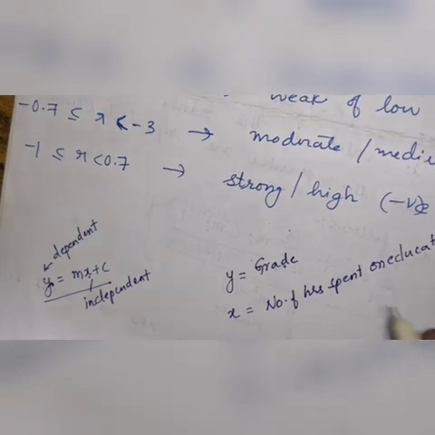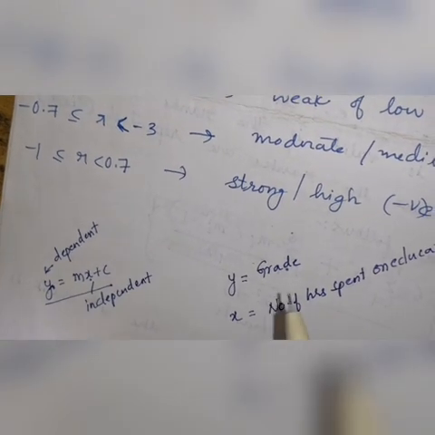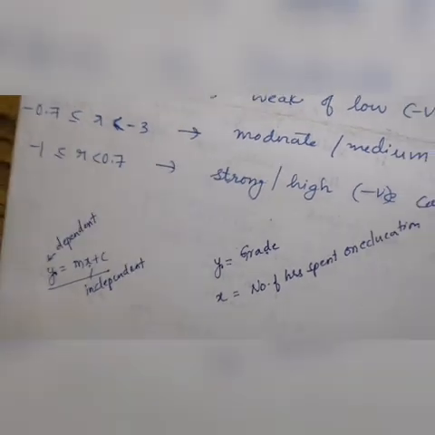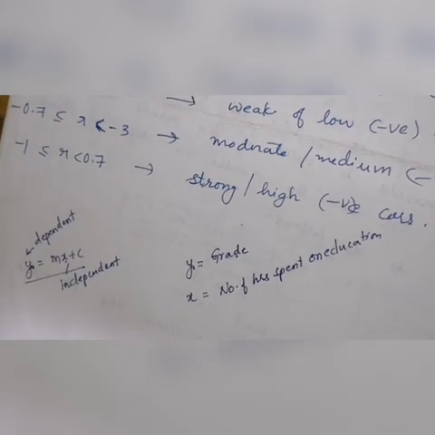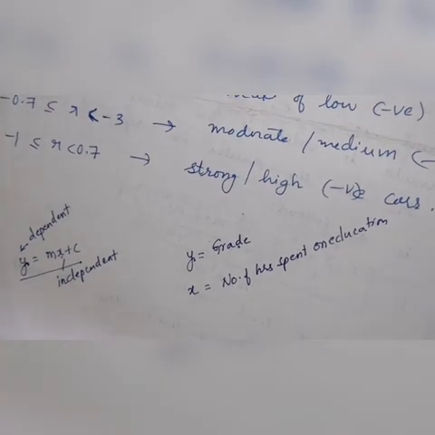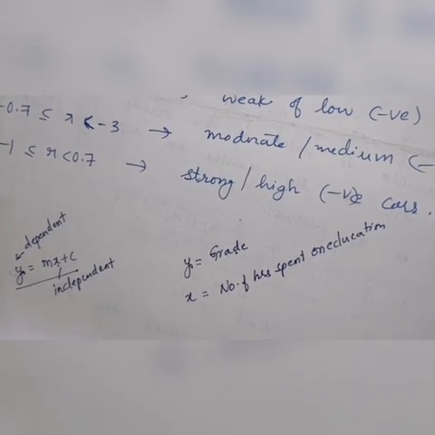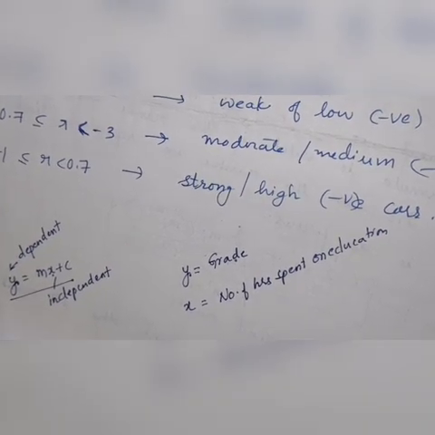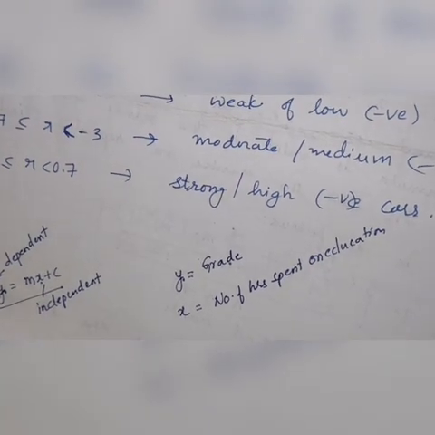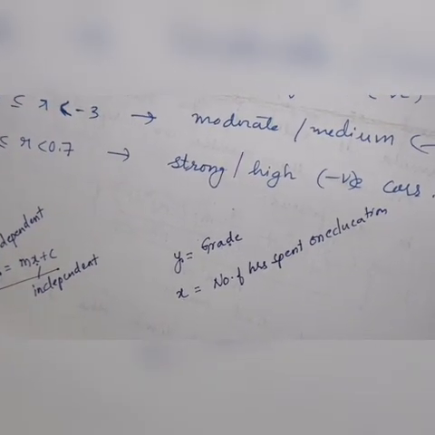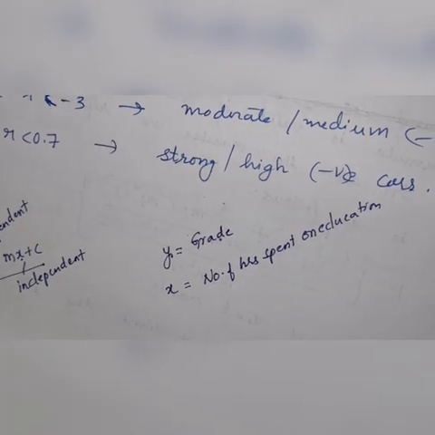So if these two are the variables, then we already know that if you spend more hours learning, then you will get good marks, your grade will be good. That number of hours spent doesn't mean you fix a timetable and just listen to music in that time.